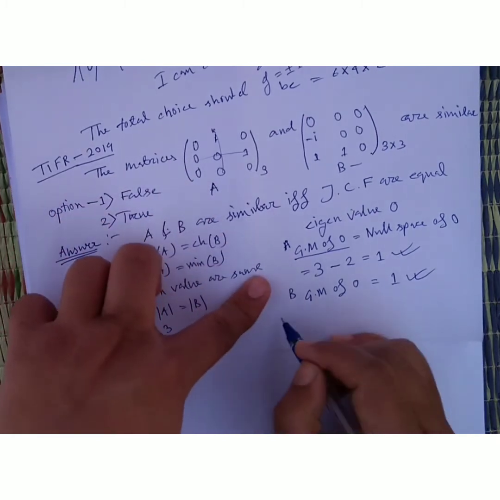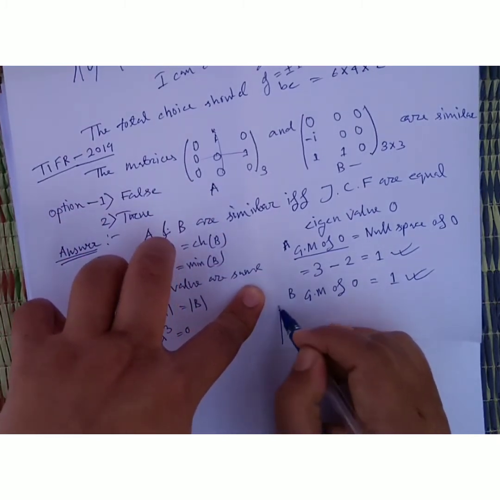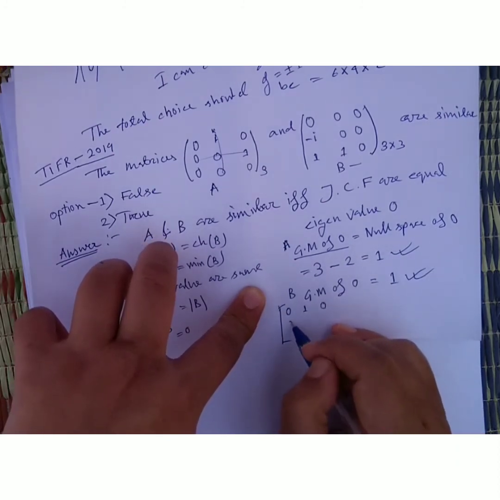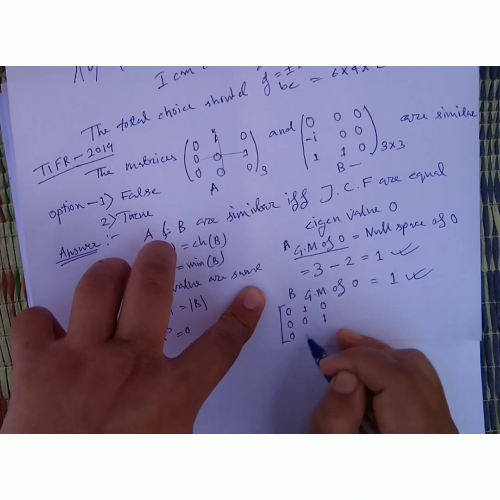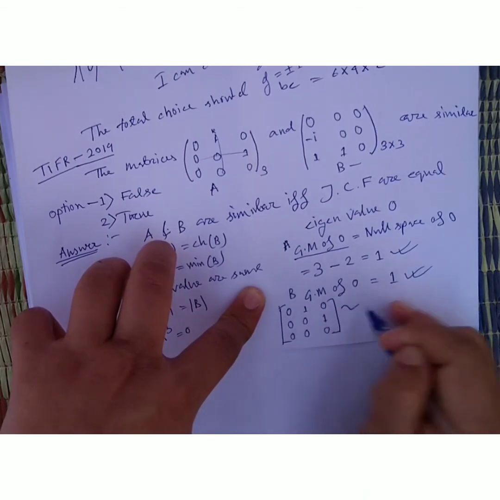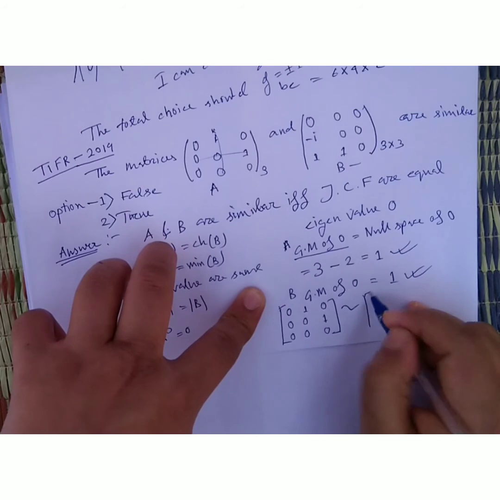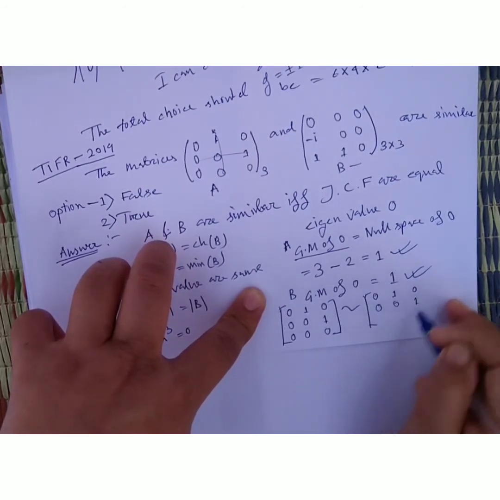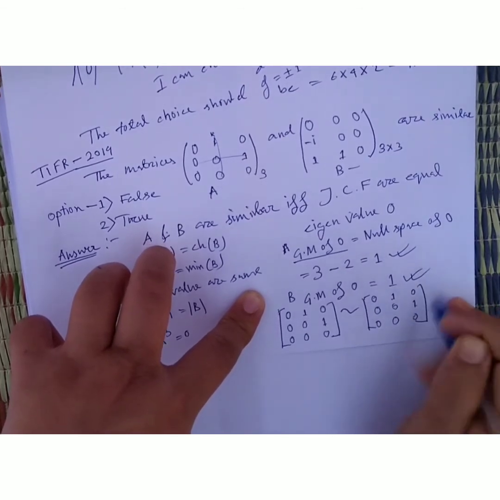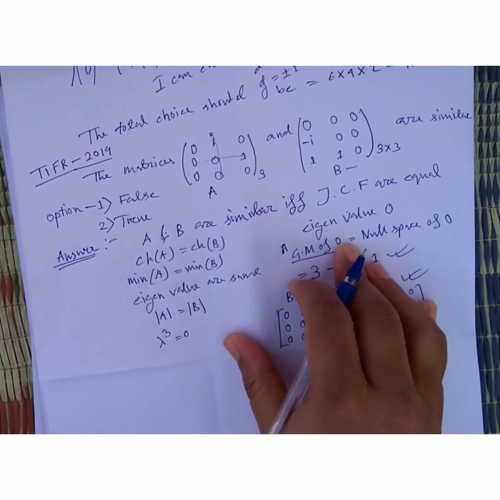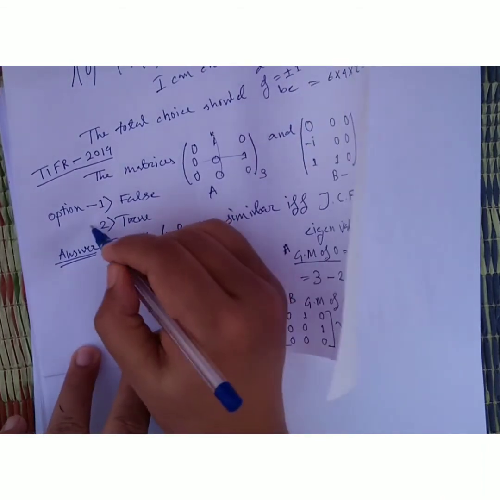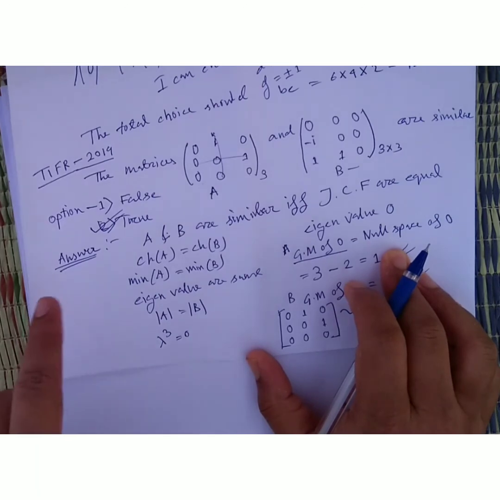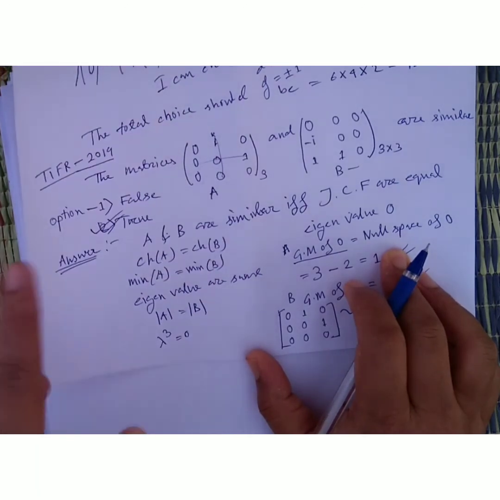So the Jordan block is 0, 1, 0, 0, 0, 1, 0, 0, and here also the same, 0, 1, 0, 0, 1, 0, 0. So friends, we see that they are both similar. So when we have to check similarity, we must check the JCF. Thank you.